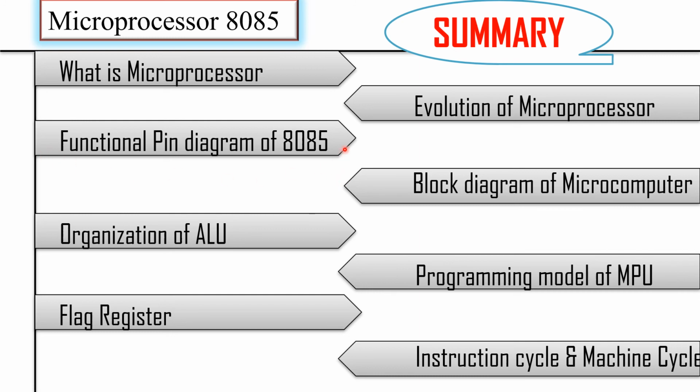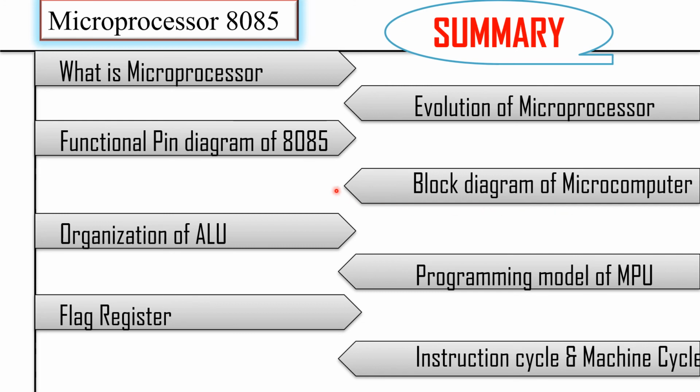In the exam, they ask you to draw the functional pin diagram of 8085 or to explain any 3 pins. Given the pin, you have to explain that particular pin in detail. Then we have seen the block diagram of a microcomputer and the explanation of each block.